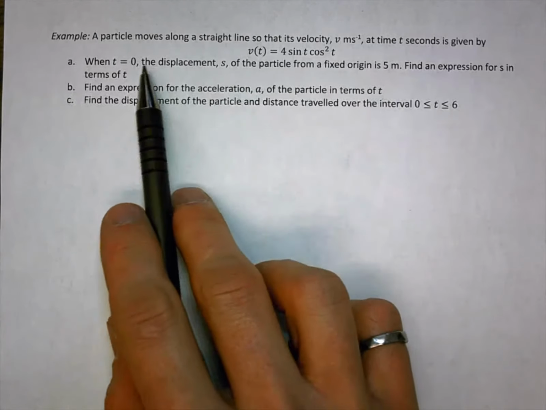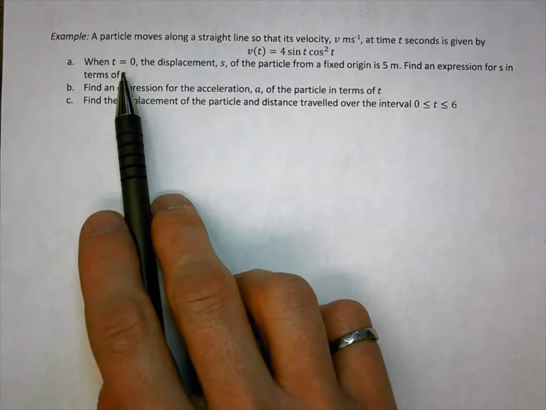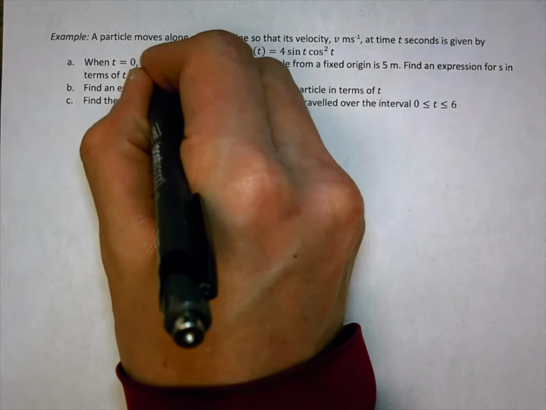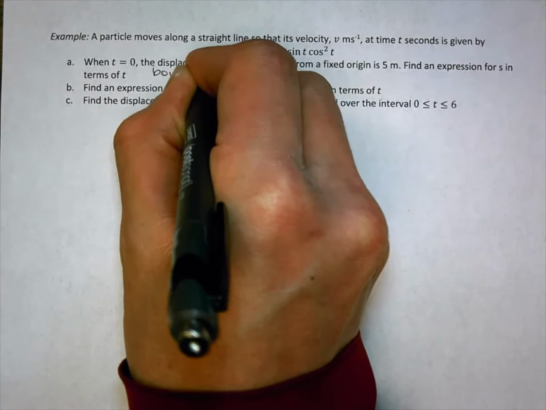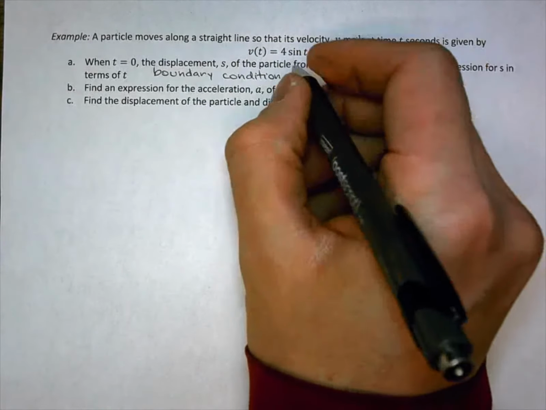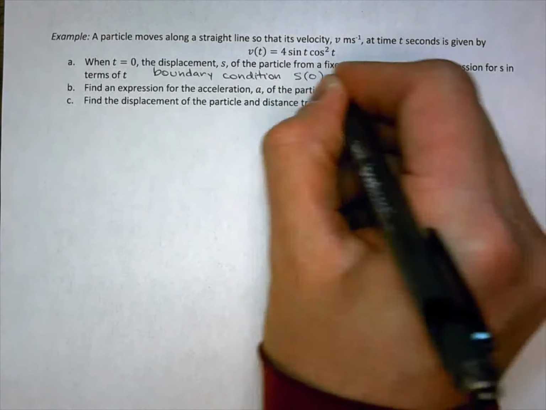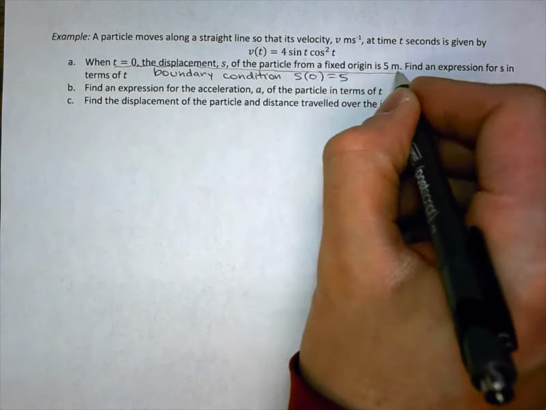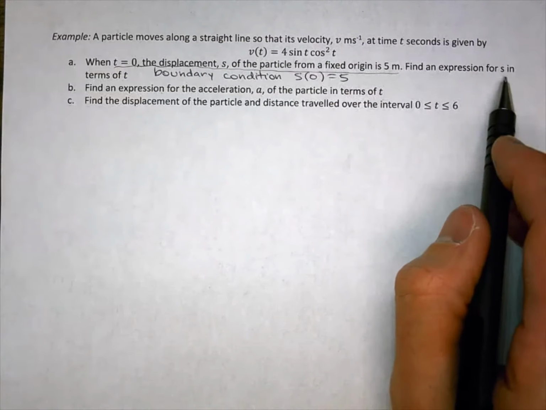Okay, so this is a boundary condition, right? I'll write boundary condition: s at 0 is equal to 5. So that's what this is meaning here. Find the expression for s in terms of t.